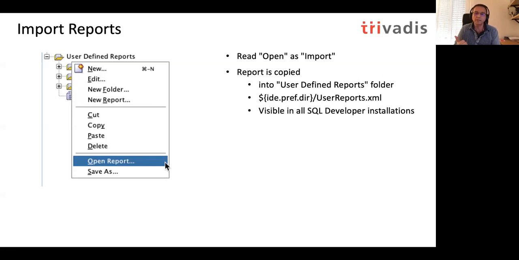So if you are running 20.2, 22, and 19.4, 19.2 in parallel, all the SQL Developer installations will use the same user-reports.xml. And where the heck is this ID pref here on my system?